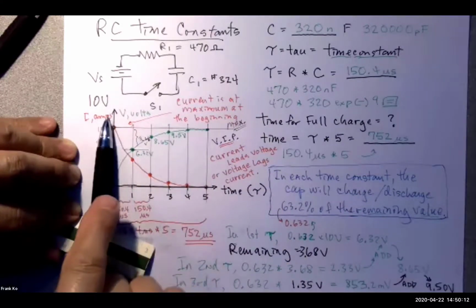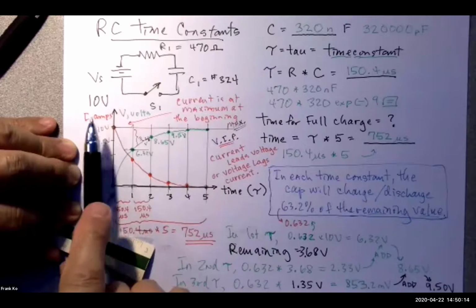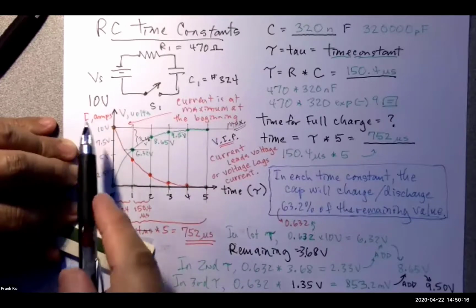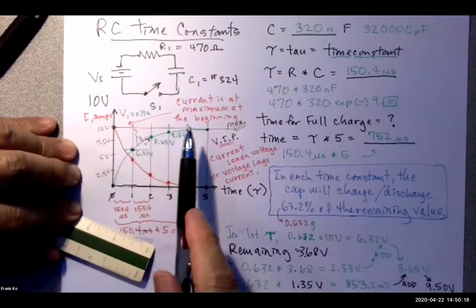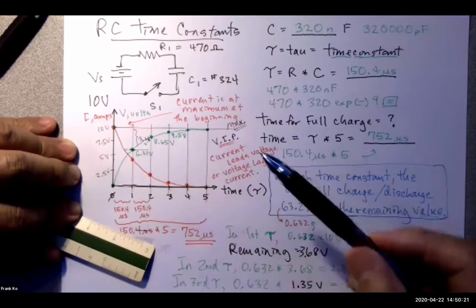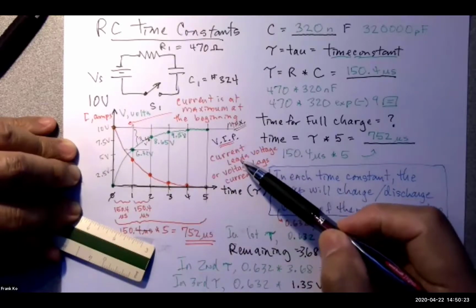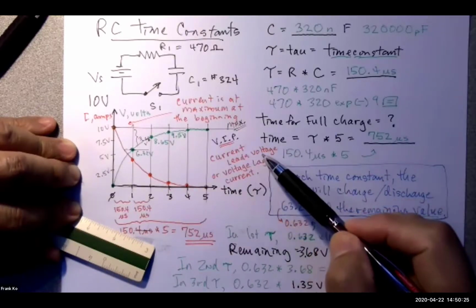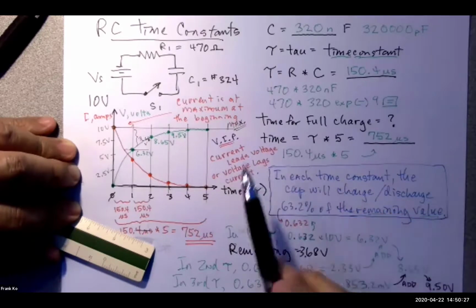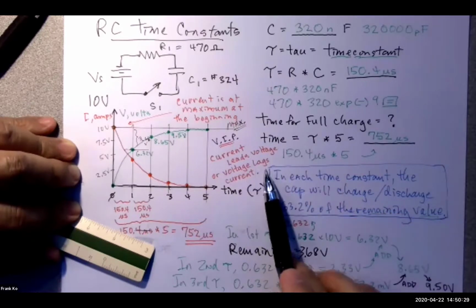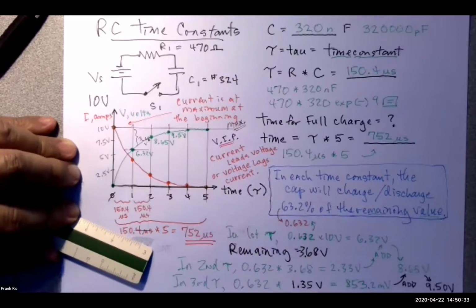And as you observe, from the beginning to the end, the quantity that is first is current, and at the end, the quantity that reaches maximum is voltage. And that allows us to make this concluding remark. Current leads voltage, or you could also say voltage lags current. What does lag mean? Lag means to follow behind. Okay? Is everybody all right with that so far?